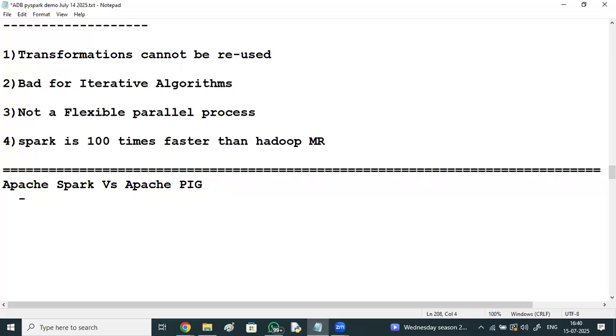The commonality we see between these two, Spark and Apache Pig: Apache Pig also, we have the Pig Latin language we used to say, right? Both are data flow languages.